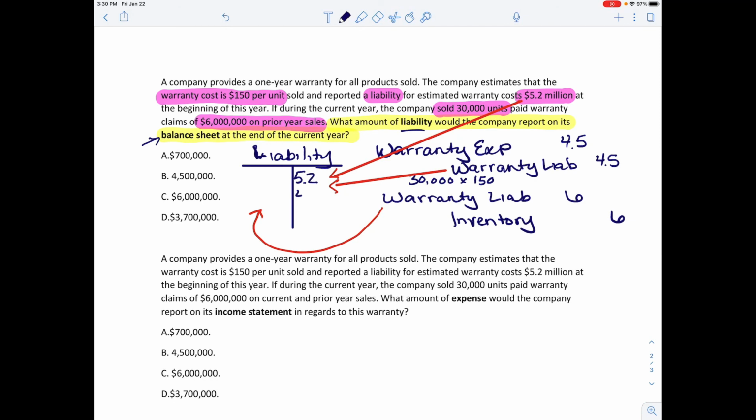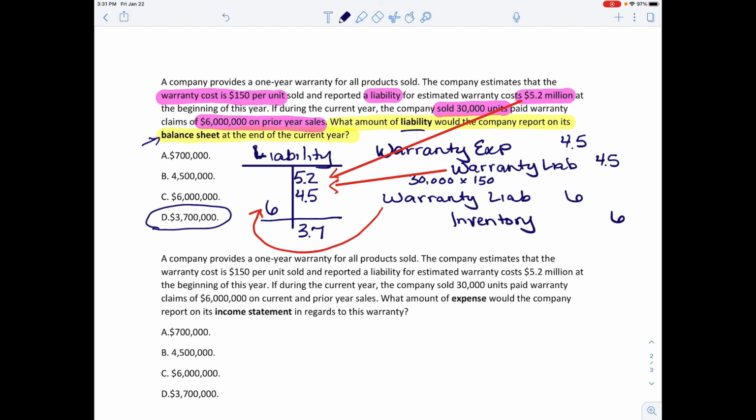I'm adding an additional 4.5 million, but I no longer have to pay that 6 million. Therefore, if I'm looking for a balance in that account and I add up my credits, subtract my debits, I should get 3.7 million. So my answer would be D.